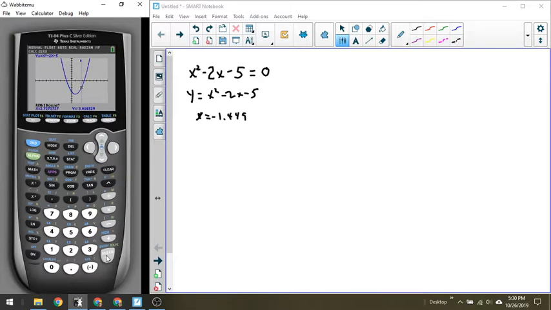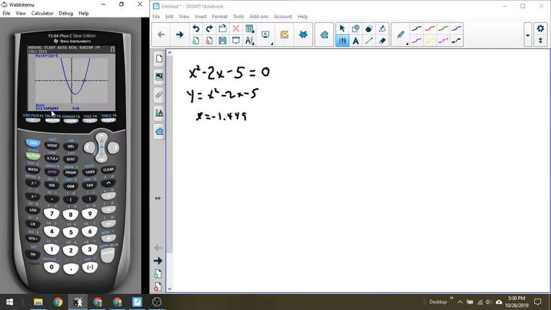So now it's asking for a right bound. I'm going to arrow over to the right side. This is the right side of that 0, and hit enter. I'm going to get another vertical line. I can see right here that my 0 is between the vertical lines, so I'm good. I'm going to tell the calculator to go ahead and guess, and the calculator guesses 3.4494897.